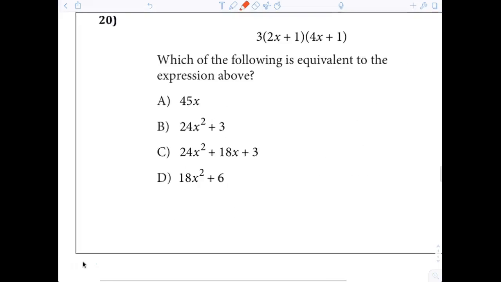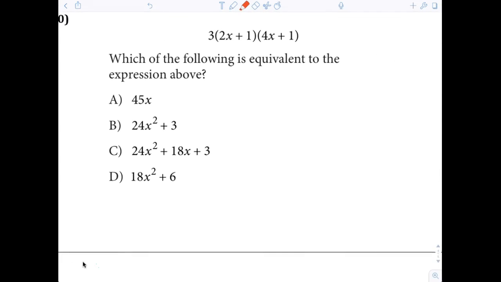All right, now let's look at 20. Now, this is the same principle. Keep your eyes up and listen to me. There's only one answer here. I did 3 times 2 times 4. Right off the bat, that's 24x squared. Does everybody agree? Yep. So it definitely is not A, and it's definitely not D. Now, how did I know it was C without doing any work?